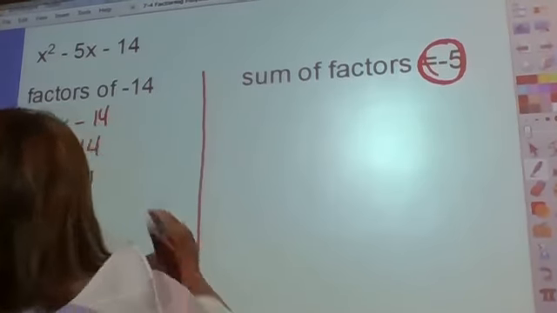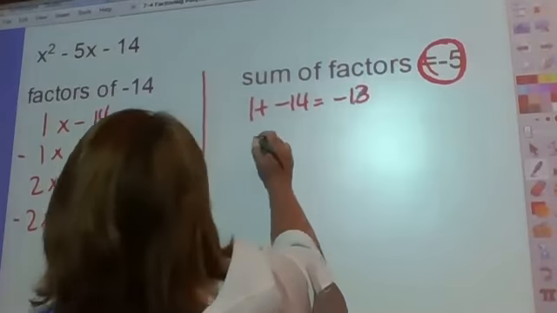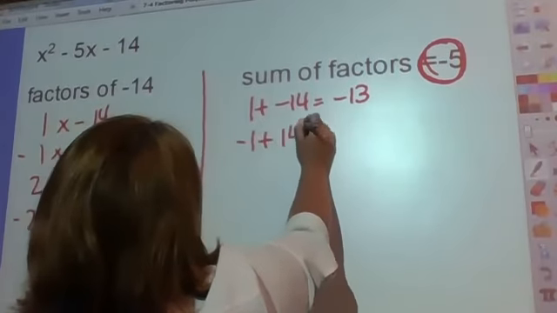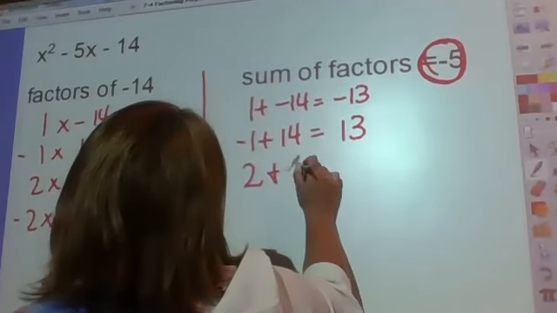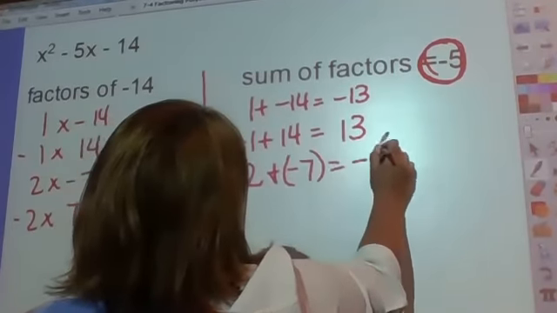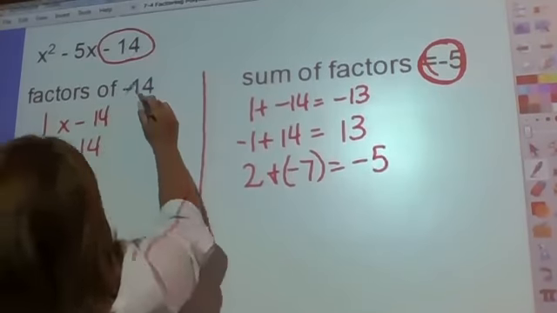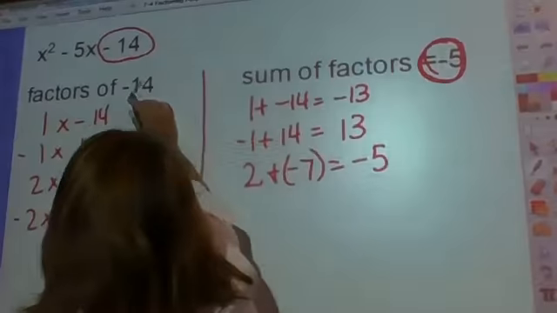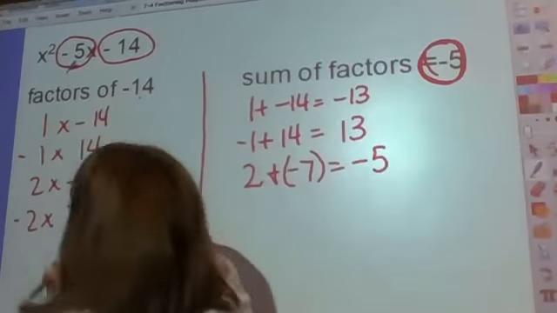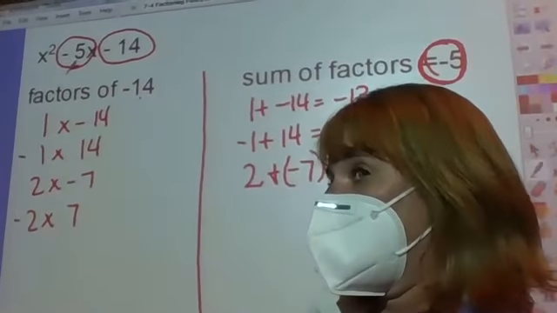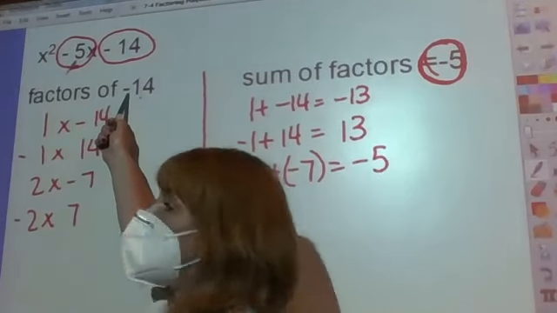If I add those together, 1 plus negative 14 is negative 13, doesn't work. Negative 1 plus 14 is positive 13, that doesn't work. We're looking for the product of negative 14 that has a sum of negative 5. But wouldn't they both be negative? No, because what's a negative times a negative? Positive. And a negative times a positive is a negative.